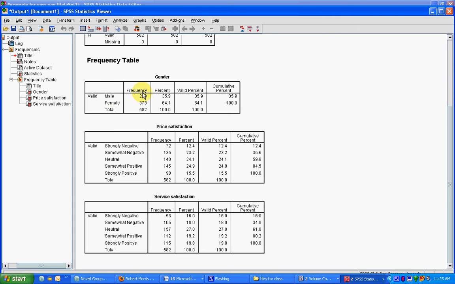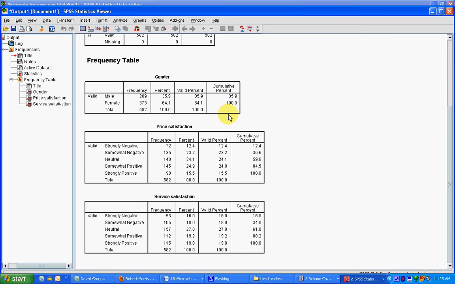So I get to see that there are 209 men, which is 35.9% of the sample. There were 373 women, which is 64.1% of the sample, leaving 100% of the sample.